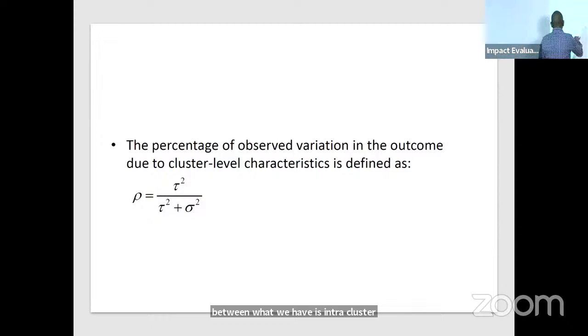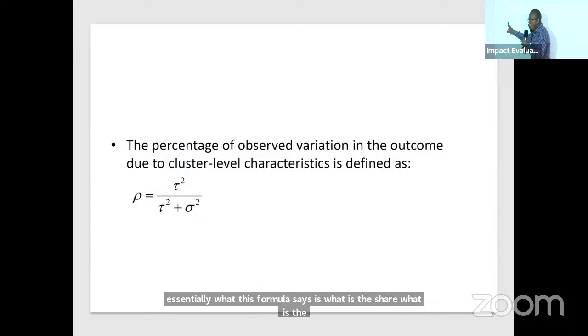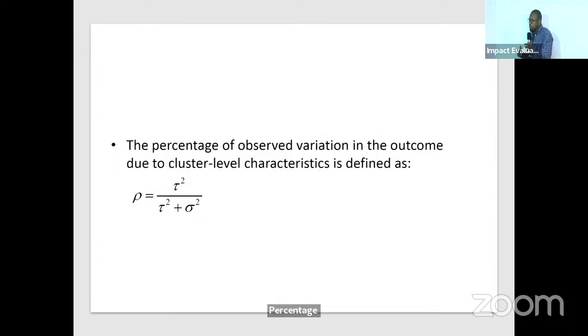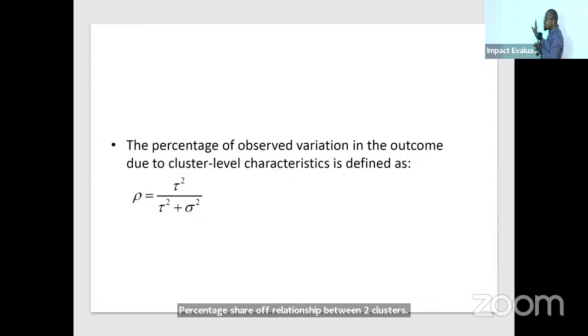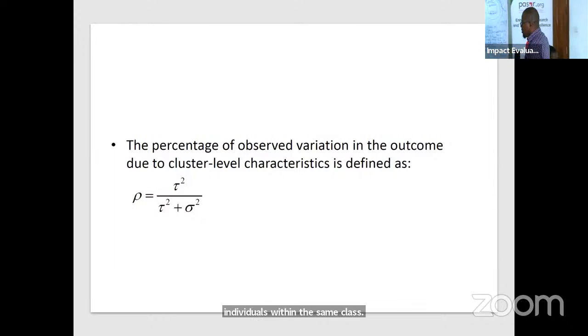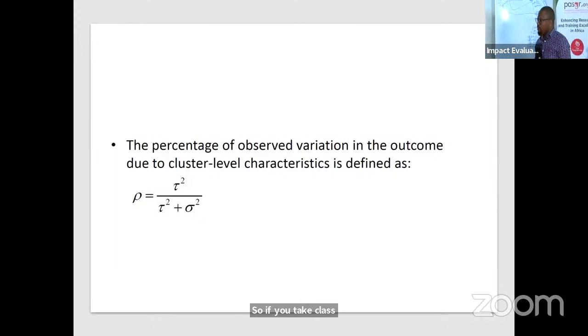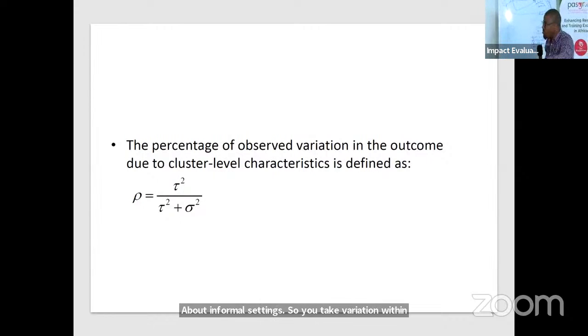Essentially, what this formula says is, what is the percentage share of relationship between two clusters, taking into consideration the relationship between those two clusters plus relationship of individuals within the same cluster. So if it's a cluster about informal settings, you take variation within Kangemi, which is individuals within Kangemi, you estimate what is the variance.